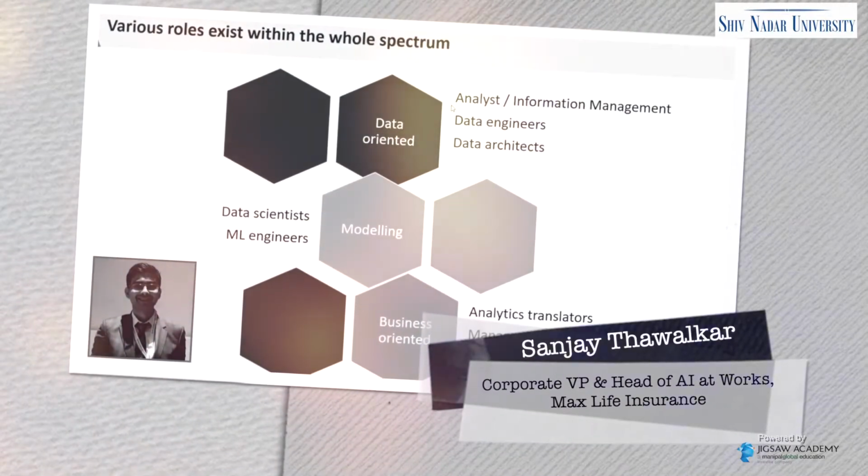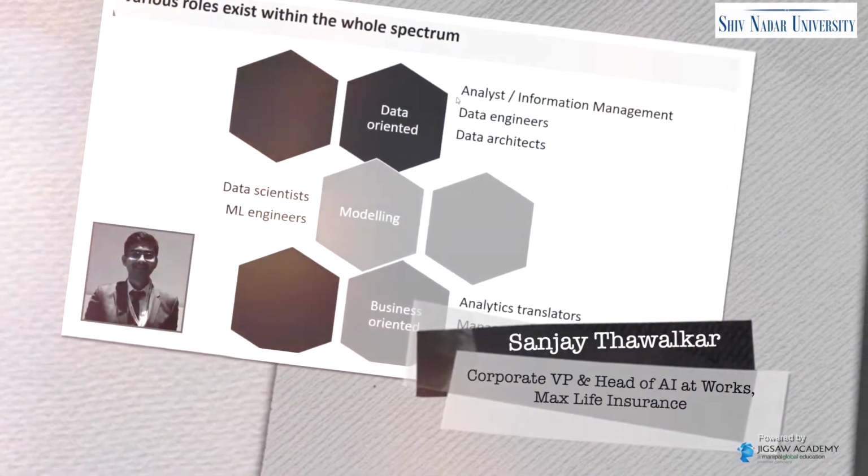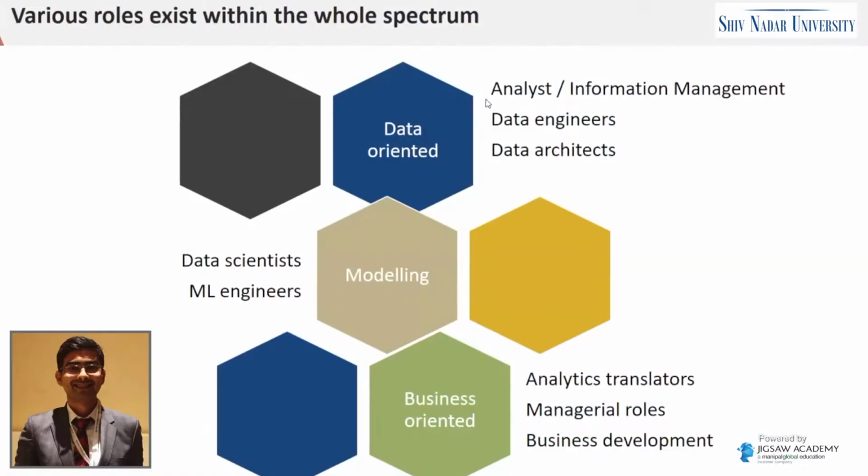So coming to the important aspect, from an industry perspective, for all you aspiring data scientists, what are the different roles that you can play? And within an organization, what are the top roles? Now, it can be a data-oriented role. When I say data-oriented roles, you're working towards the engineering of the entire data, what is called analyst or information management.